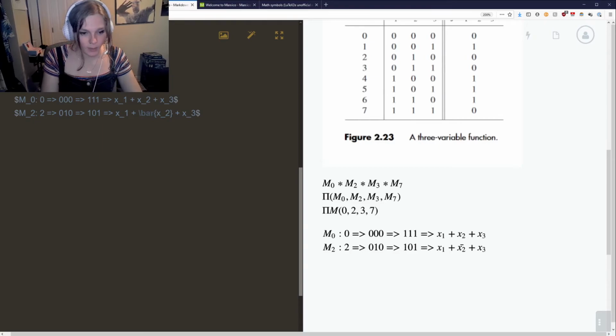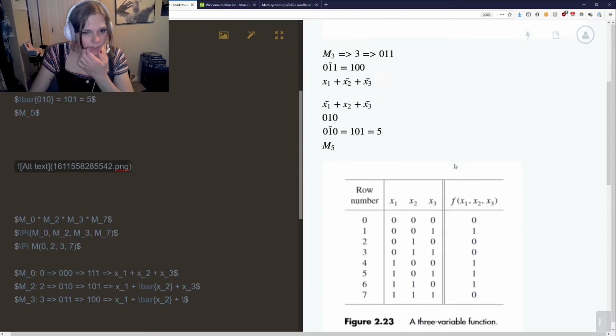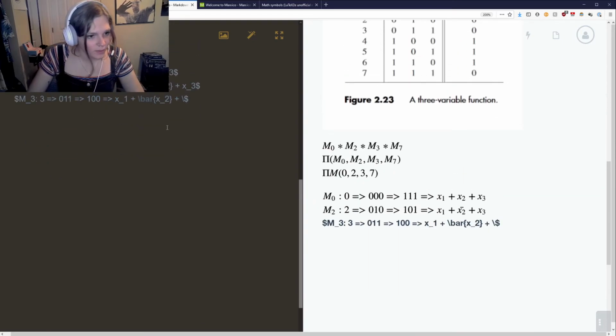Okay. Next up, we're going to look at M3. So 3 becomes the binary number 0, 1, 1. Take the complement 1, 0, 0, which tells us x1 or not x2 or not x3.